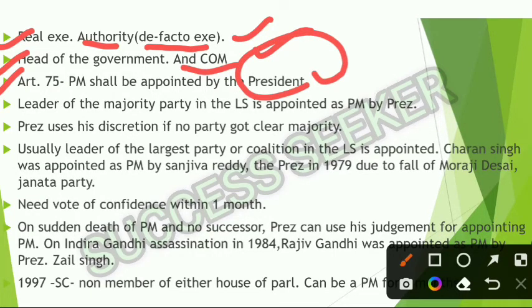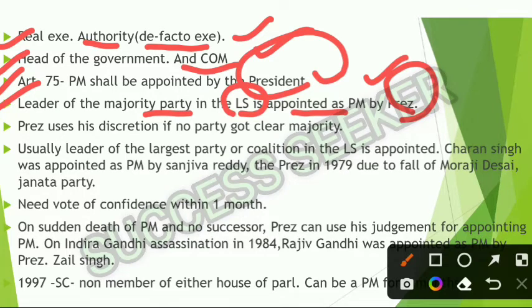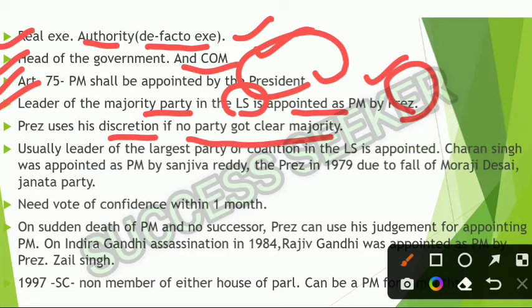The President appoints the leader of the majority party in the Lok Sabha as Prime Minister. The President cannot alone use his discretion to appoint the Prime Minister. He can use his discretion only when no party gets a clear majority, that is, in the case of a hung assembly.